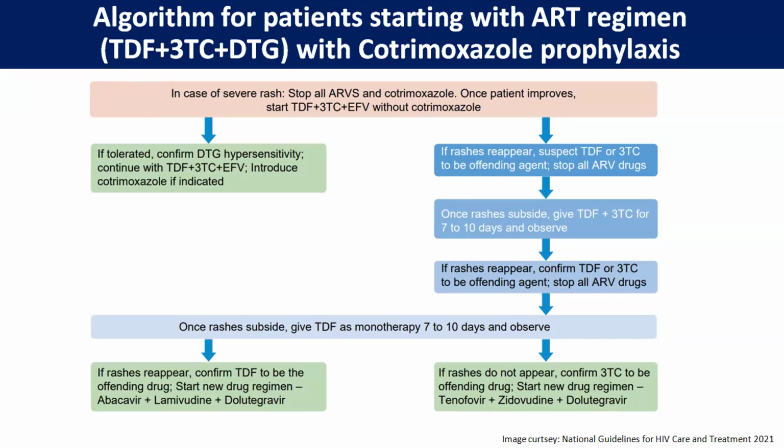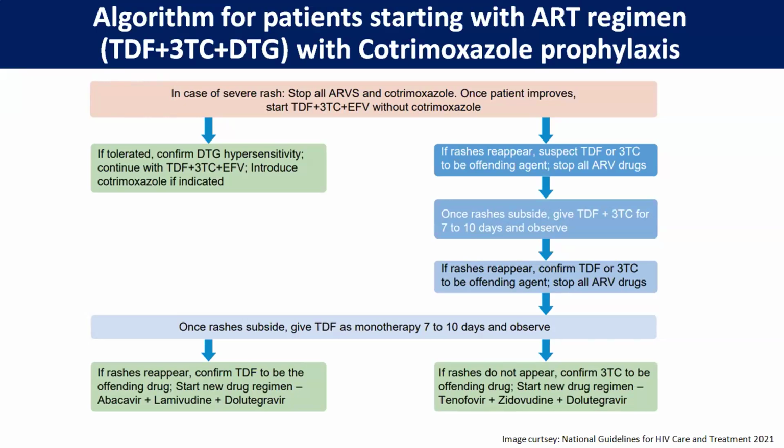if you think that DTG is the suspected agent, you should continue TDF plus 3TC for 7 to 14 days. If the patient tolerates TDF plus 3TC, then you can identify that dolutegravir can be the cause of the drug rash. But if the patient develops rash with TDF and 3TC within 14 days, then you can identify that either TDF or 3TC may be the responsible drug.